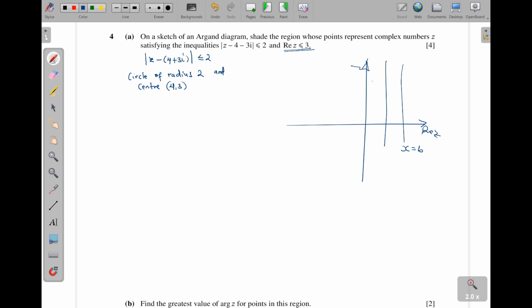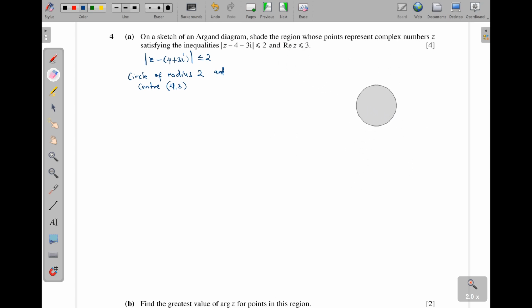So that one is therefore a vertical line. This one is real of z equal to 3, and it is going to be a solid line, because they have said less than or equal. Now let us draw our axes here.